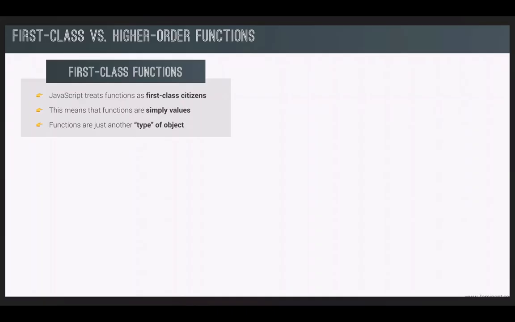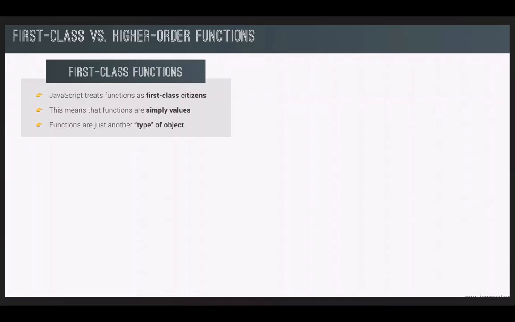Well, let's see. JavaScript is a language that has first-class functions, which in technical terms means that functions are so-called first citizens. In practice, that means that functions are simply treated as values. We already touched on the idea a couple of times before, but this is an important feature of the language that is worth spending some more time talking about.